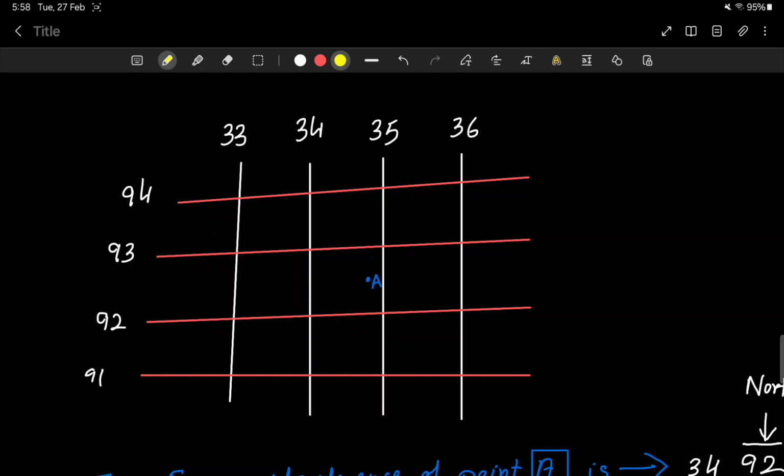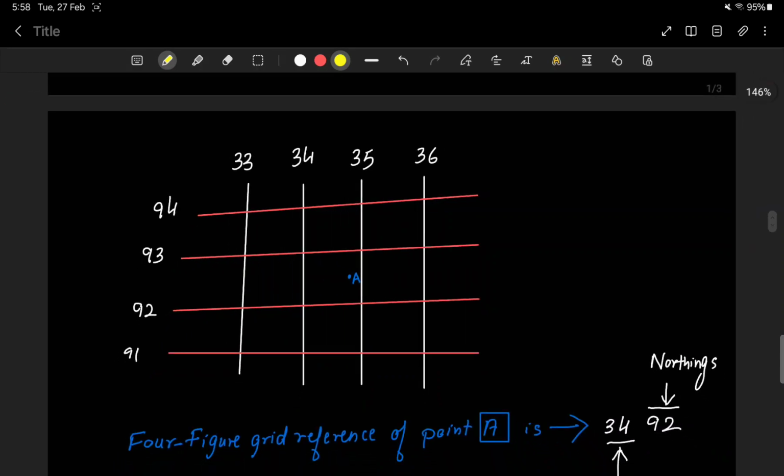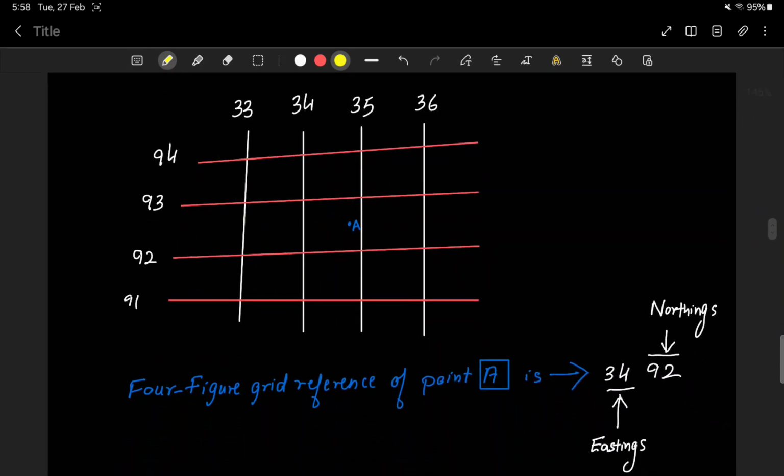Now let's suppose we have one point A over here, and we need to find the 4-figure and the 6-figure grid reference of this particular point A. So let's see how we can find out. First of all, the easier one, the 4-figure grid reference. The norm is that first we mention the eastings and then the northings of that particular point.